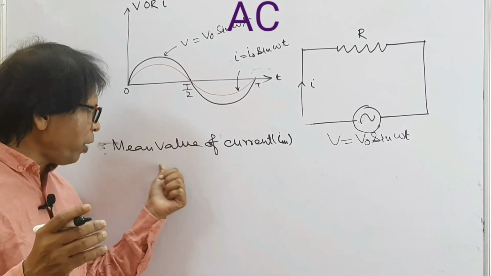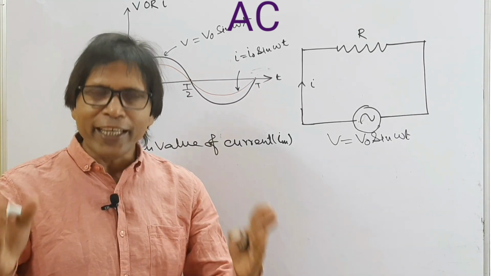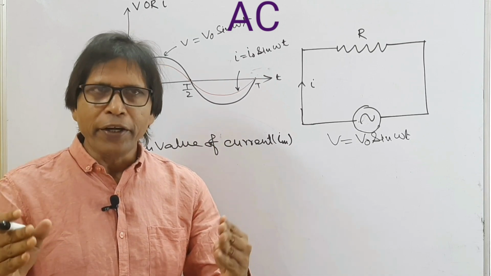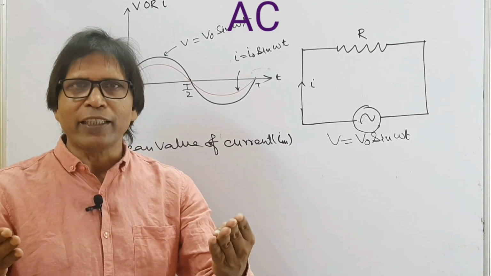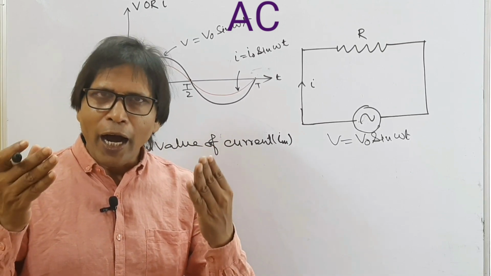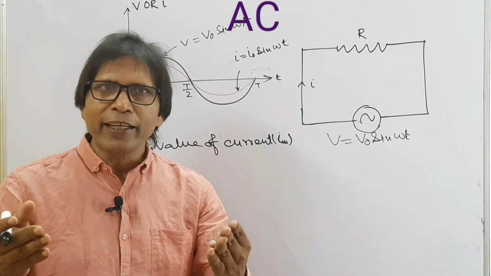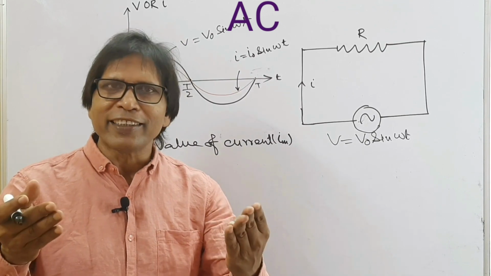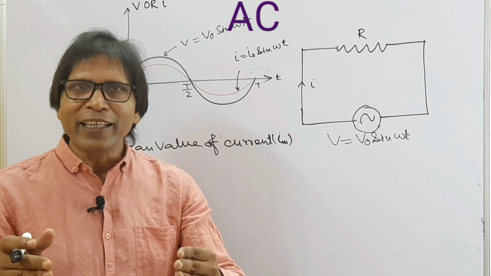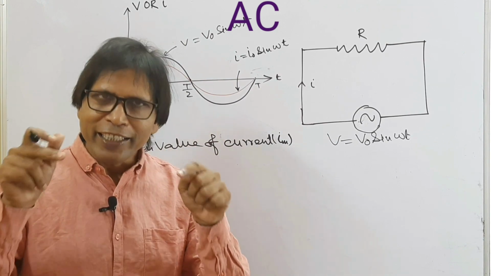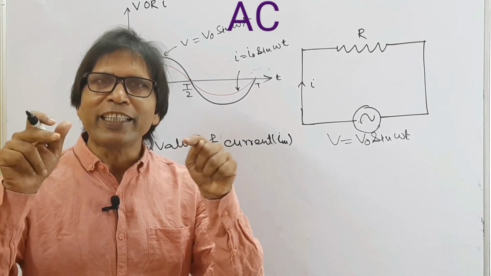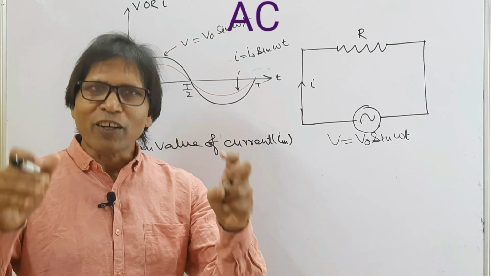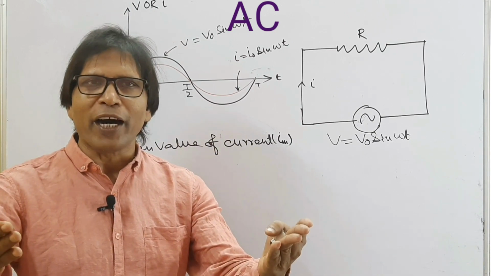Okay, now the mean value of current. The steady current which, when flowing through a circuit for the half period of AC, sends the same charge as sent by AC in the same time and in the same circuit is called the mean value of current.